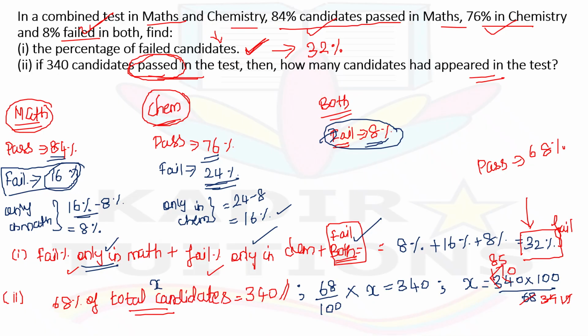Yes, 17 fives are 85. So 1, and this is for 5 times, so 5 is left over in this place, and 100 is still there. So x equals 5 into 100, which is 500. So 500 is our answer. What is this 500? It's the total number of candidates who appeared for the test. So this is the answer for this question. Hope you understood. Thank you.